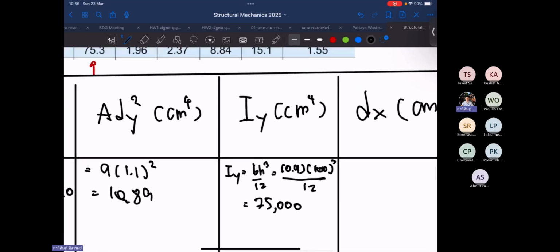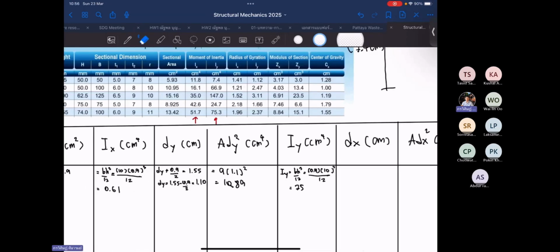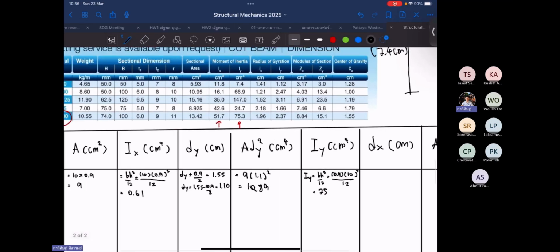Oops, sorry, this one is not 100. This one is just 10. So it is just 75 for the y direction. And then dx.